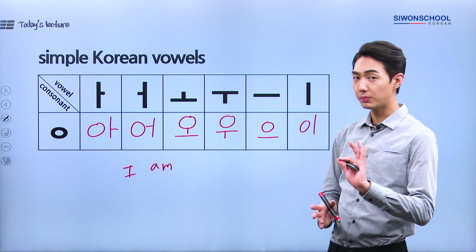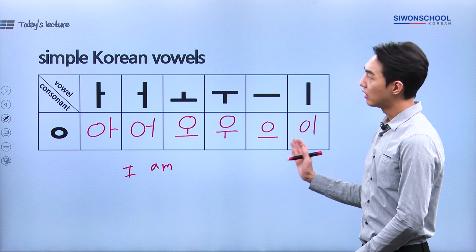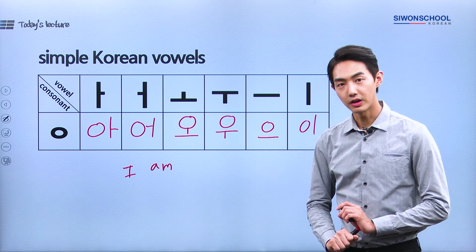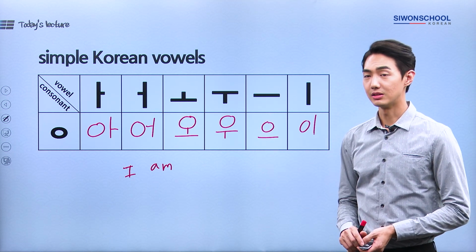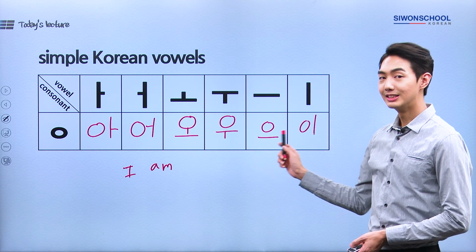Some European people or people of other languages might have some problem, but you will find this not difficult because these are simple Korean vowels, and I think they're very easy to pronounce. So a, o, u, e.